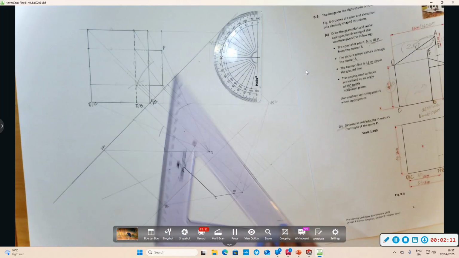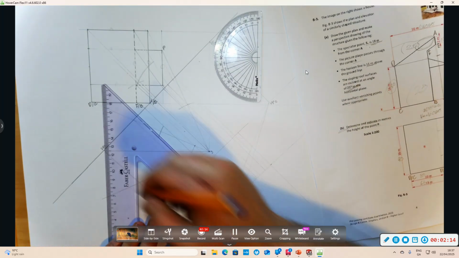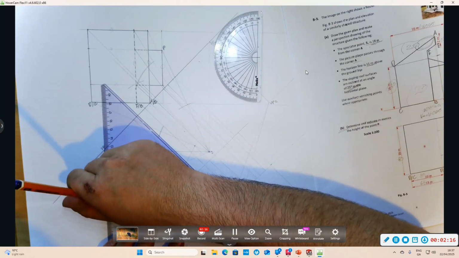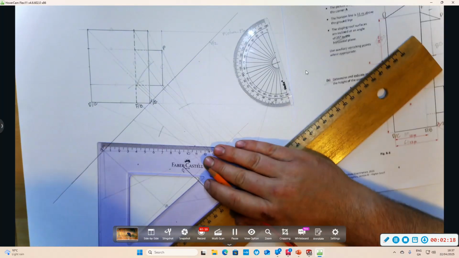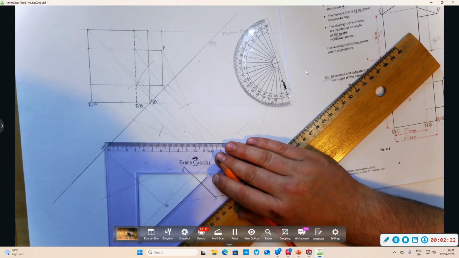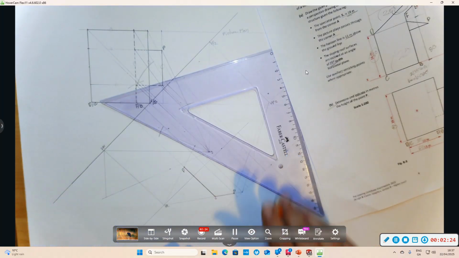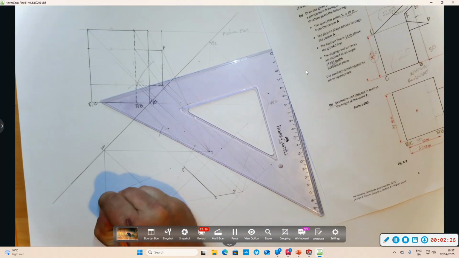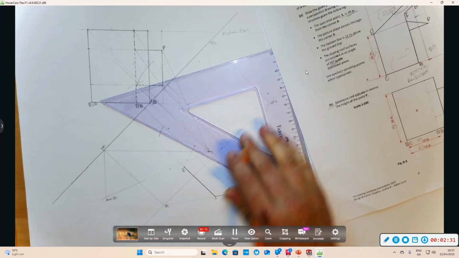We have to go to a right angle to line S to VP1, which is just coincidentally straight down in this case. Now, this is the auxiliary vanishing point. And this is the true height.